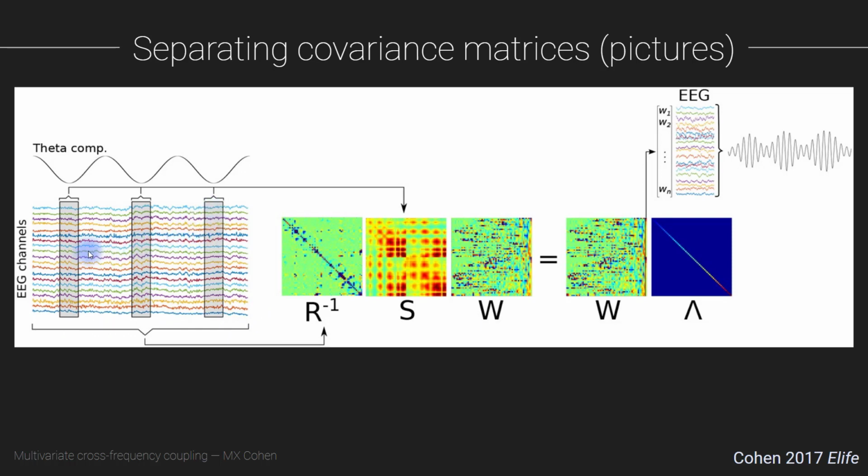So the idea here is that we are sub-selecting data from particular theta phases for the S matrix and from all theta phases for the R matrix. So this is going to identify a spatial pattern in the data that is maximally differentiating theta troughs from the rest of the theta cycle. So that's one illustration of how to use this method.